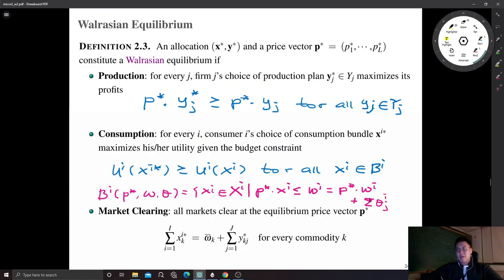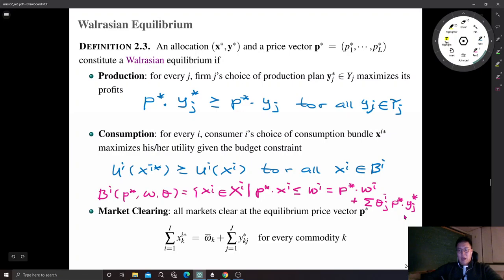For each firm j, our consumer i owns a share as much as theta_ji. So consumer i retains the right to have this amount of profit, p* dot y_j*. That is the maximum profit of firm j, and consumer i has a share as much as theta_ji. So this is going to be an additional wealth from that ownership.